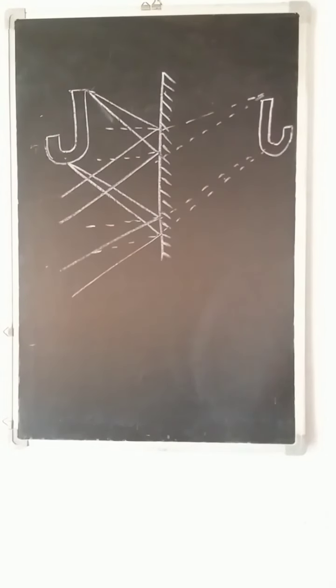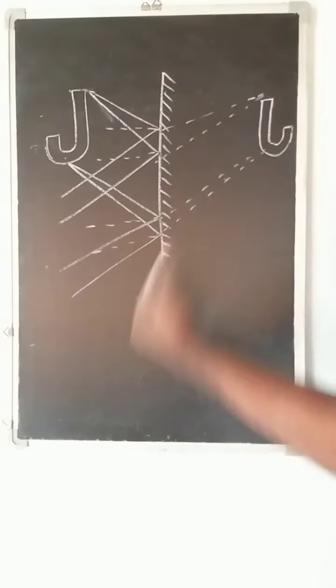Like this it will be formed. Check it once: same image, same size, okay, but the image is reversed. This is the reflection of light by a plane mirror.